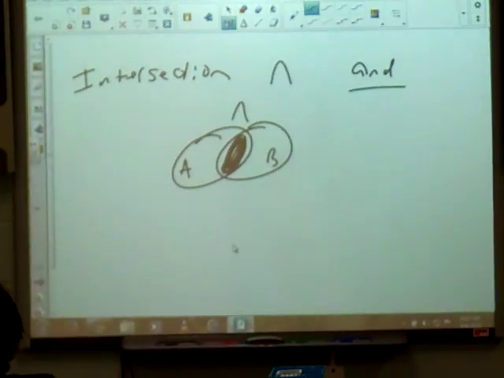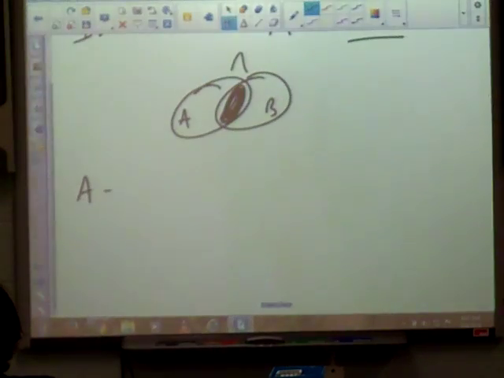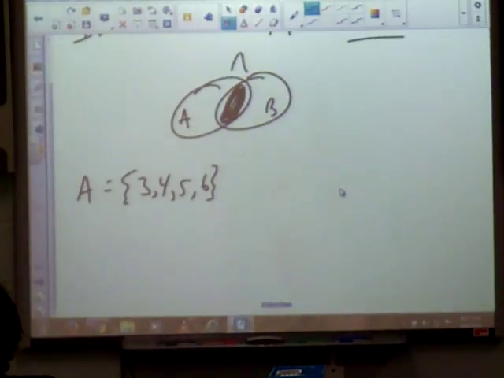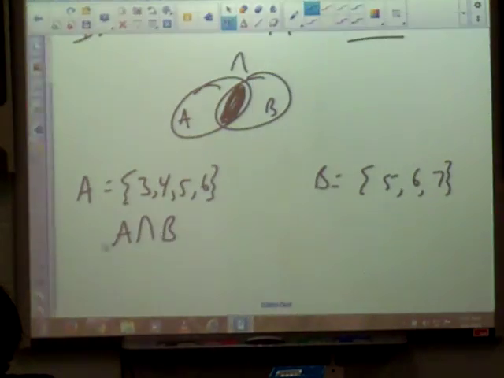Okay, so for example, if I had set A with the numbers 3, 4, 5, and 6, and set B with the numbers 5, 6, and 7, and I'm asking you to find the intersection of A and B, that's how you would read this right here.